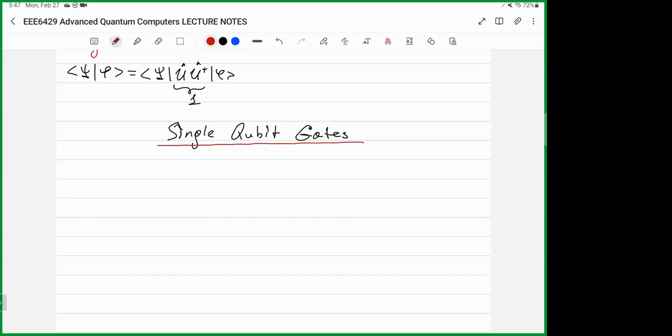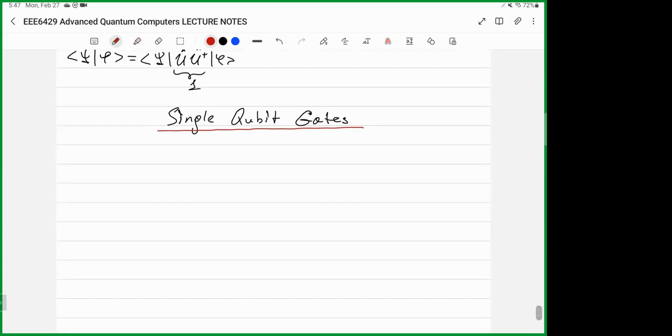It means that these gates act on a single qubit. This is the quantum analog to the single input, single output gate in the classical logic.